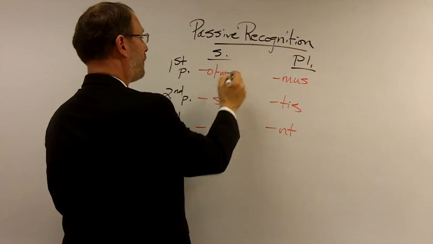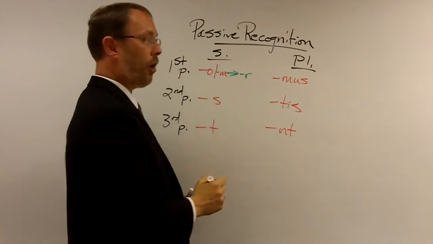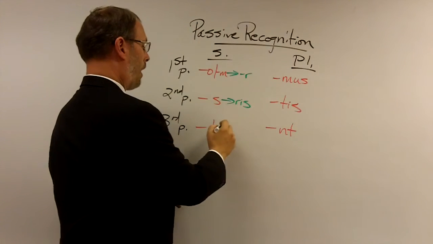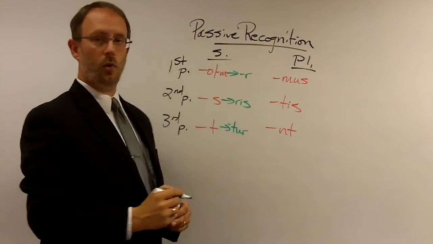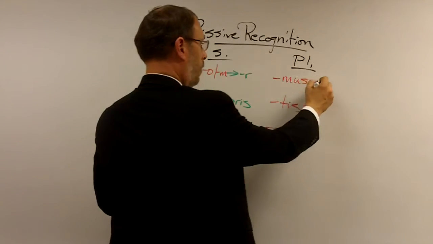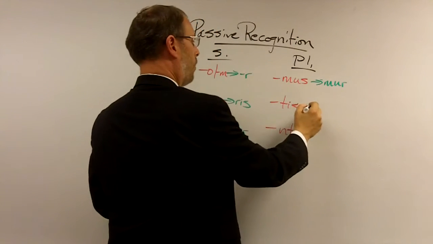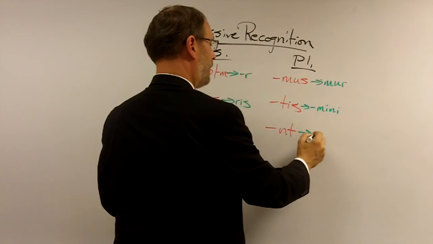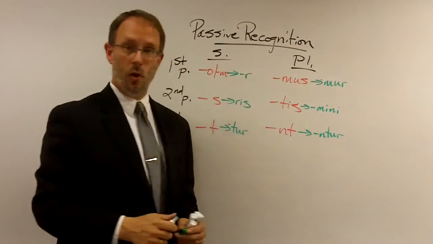For passive, we're simply going to change the O or the M to an R. We change the S to an RIS and the T to a TUR. We'll change the MUS to an MUR. We'll change TIS to MINI. We'll change NT to NTUR.